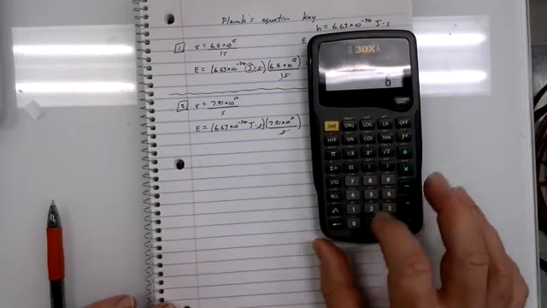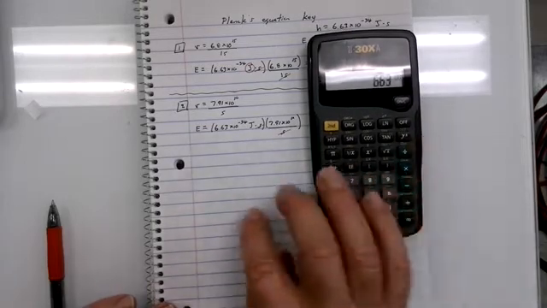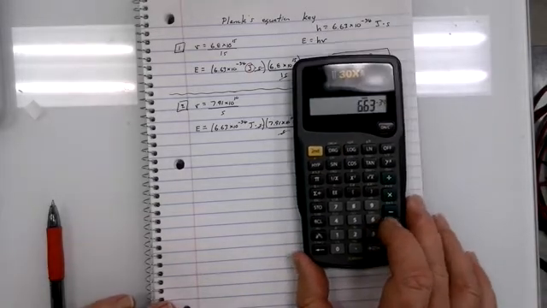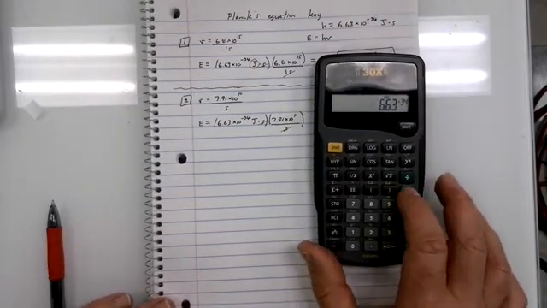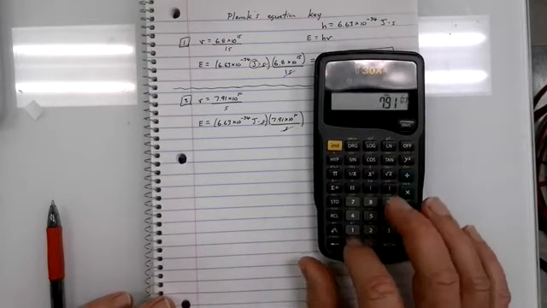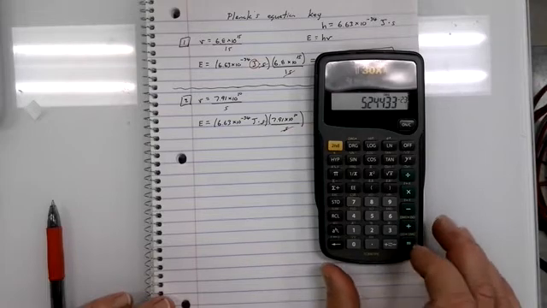So we're going to go 6.63 times 10 to the negative 34th, close it, multiplied by 7.91 times 10 to the 10th, close it, and hit equals.